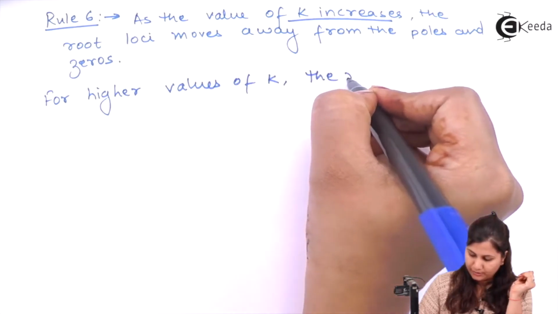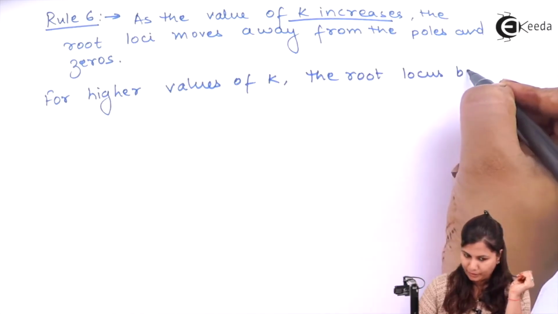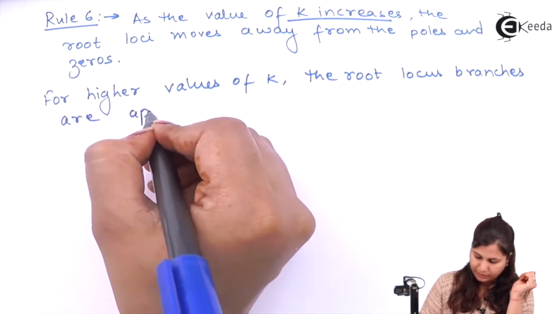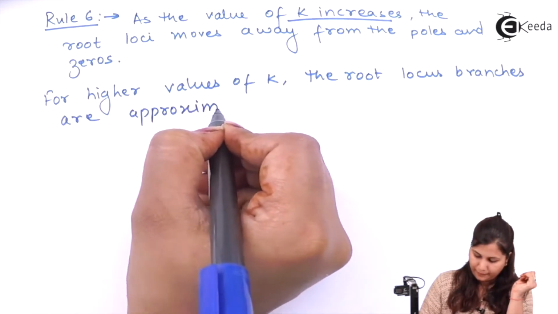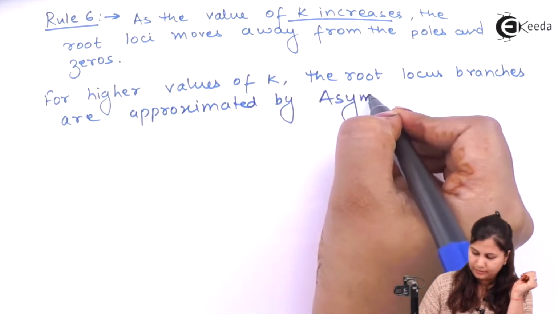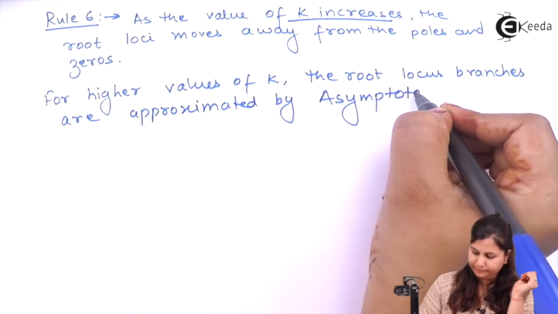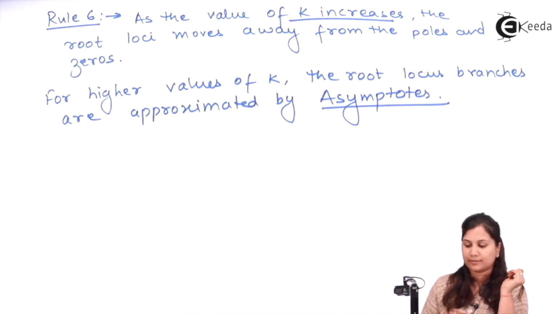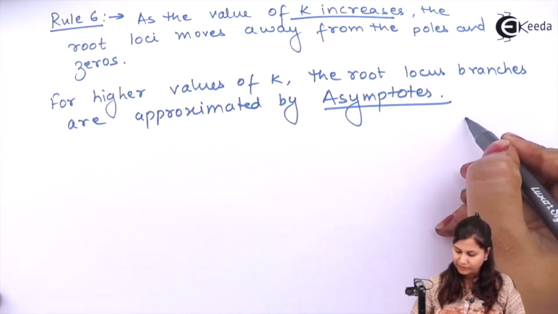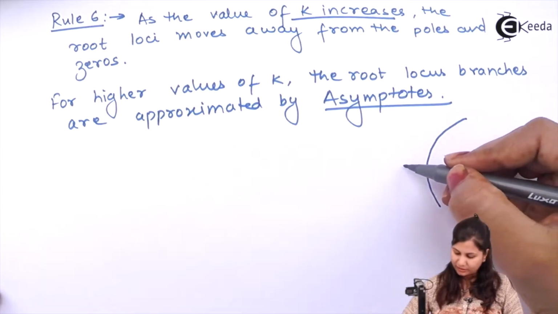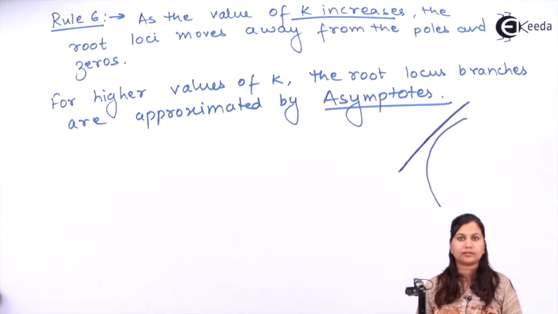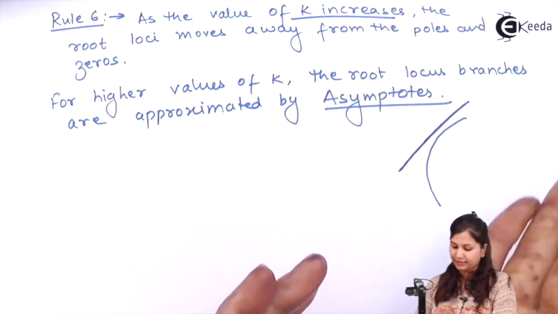So for higher values of k, the root locus branches are approximated by asymptotes. What is an asymptote? Suppose we have a curve and we have a straight line going off to one side.